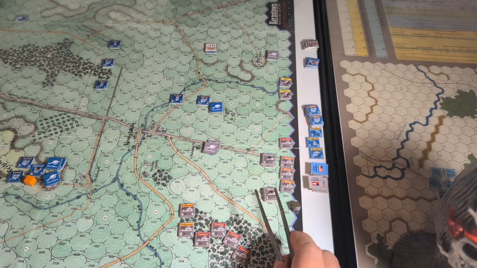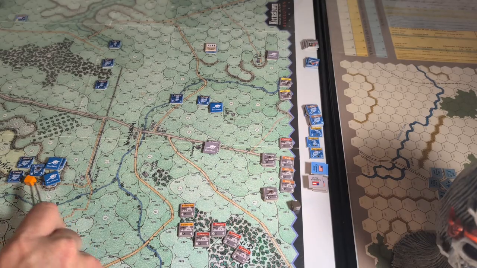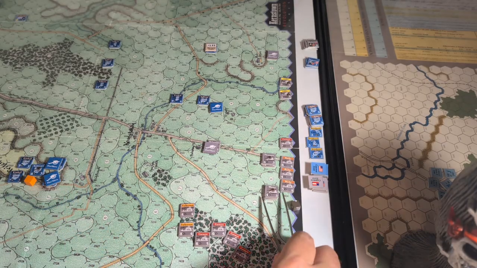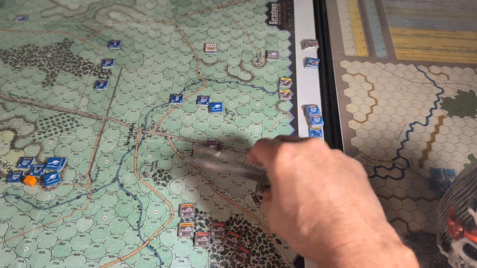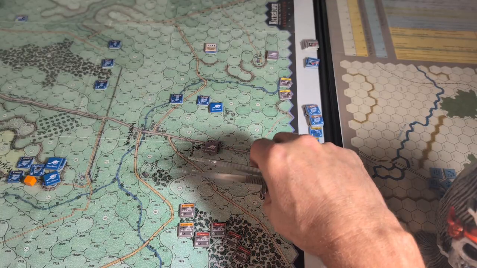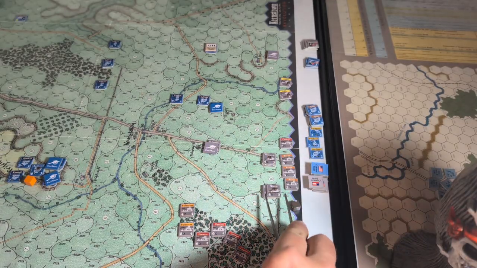Let's move them together. I want to move them up here and create some pressure on these guns. But I'm going to separate them.